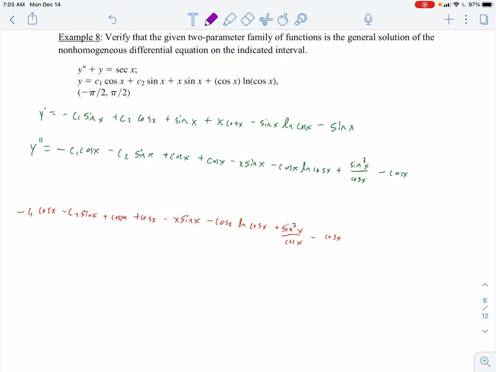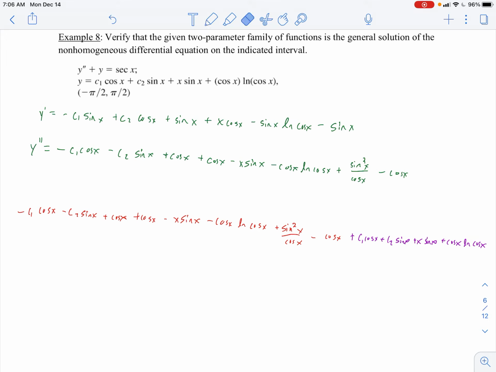Now let's go ahead and say plus. Now here's our y. C sub 1 cosine x plus c sub 2 sine of x plus x sine x plus cosine x natural log cosine x. And all this is supposed to equal secant x. So let's just go ahead and try to cancel out what we can.